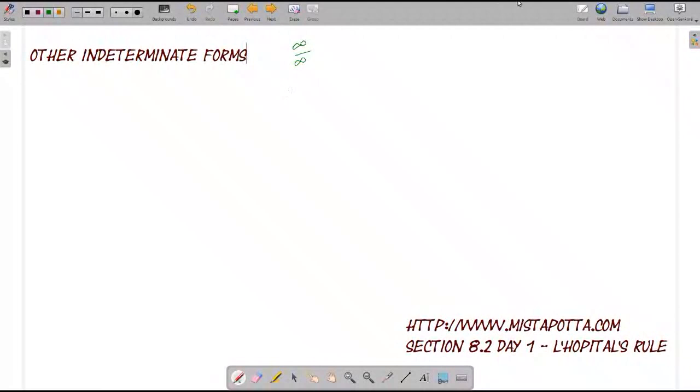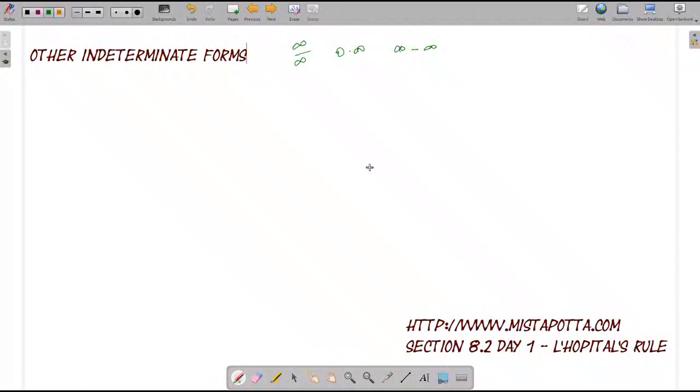I also have the situation where I have 0 times infinity. And also if I'm dealing with the situation of infinity minus infinity, where if I take the difference of two functions and both of them are increasing without bound.